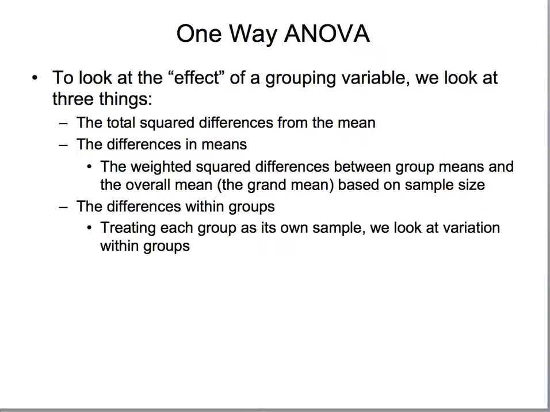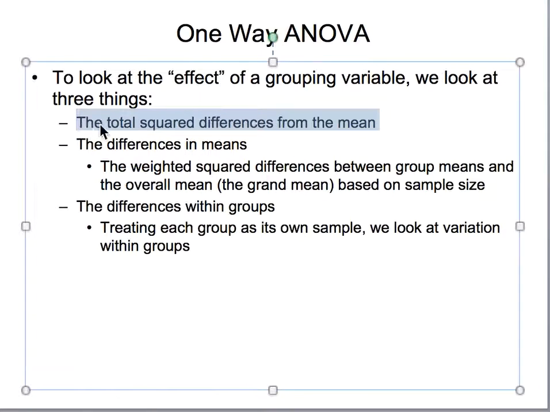So when we look at the effect of grouping variables, we look at 3 things. One, what basically are the differences that exist for everyone relative to the mean? When I talk about the total squared differences from the mean, basically I'm saying people are different from the mean in general. If I compare person 1 to the mean, person 2 to the mean, person 3 to the mean, and I add all that up, I get this total.